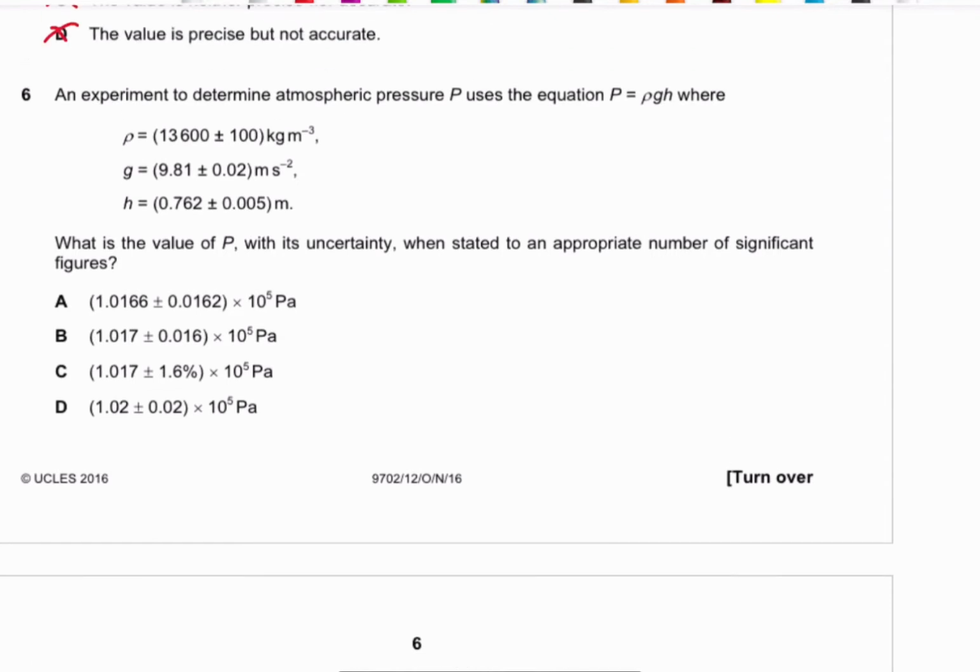Moving to question number 6. We've been asked to determine the atmospheric pressure P, where P is rho g h, and we've been given these quantities themselves, and we've been asked to find the value of P with its uncertainty when stated to an appropriate number of significant figures. What do they mean, an appropriate number of significant figures?